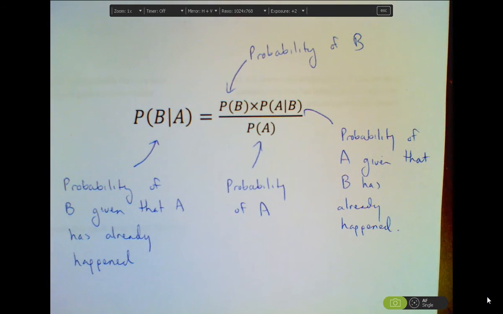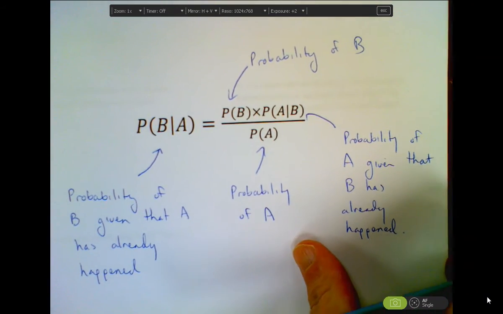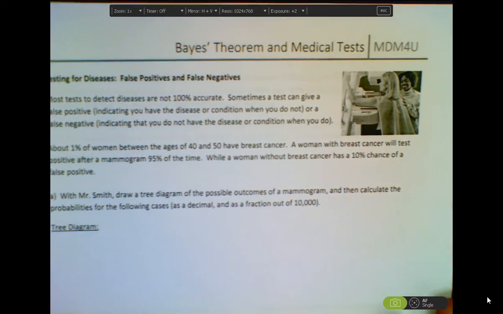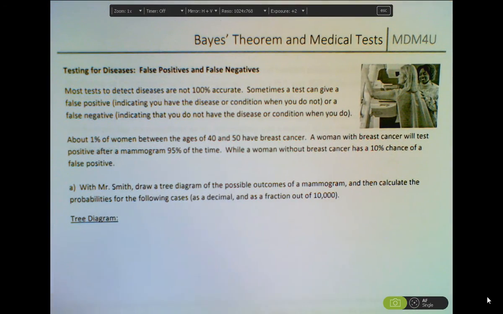All right, and we're going to use Bayes' theorem in a specific application. We're going to look at medical tests, and specifically tests that give false positives and false negatives as well. In this example, we're going to look at a test for screening for breast cancer, a mammogram.